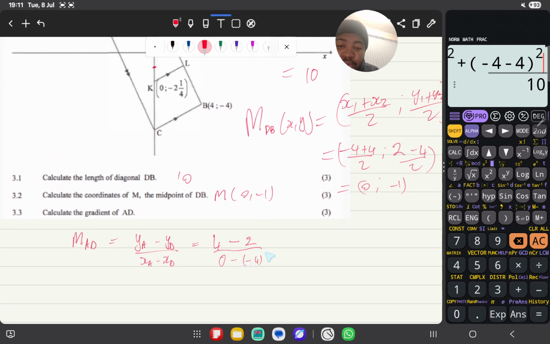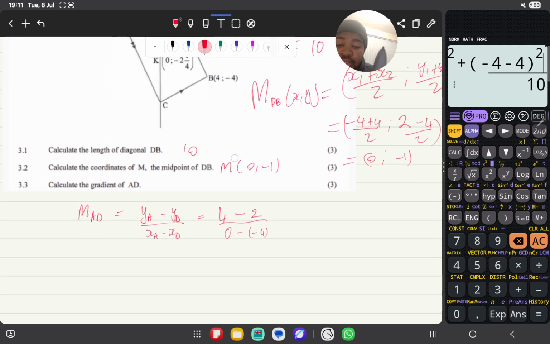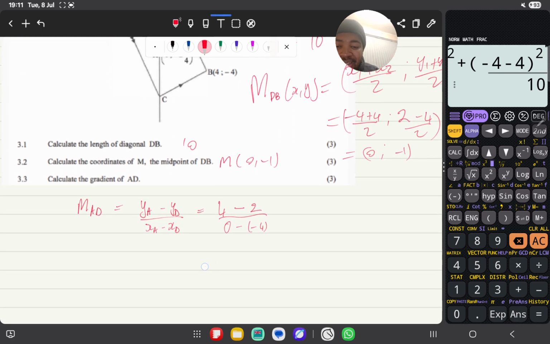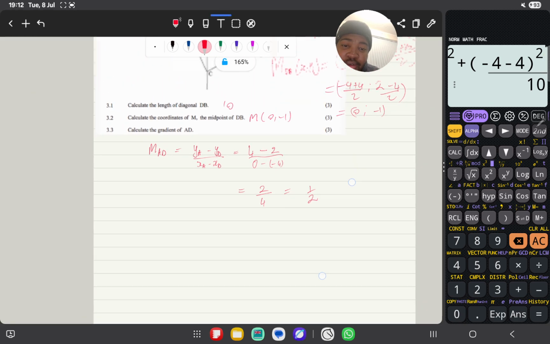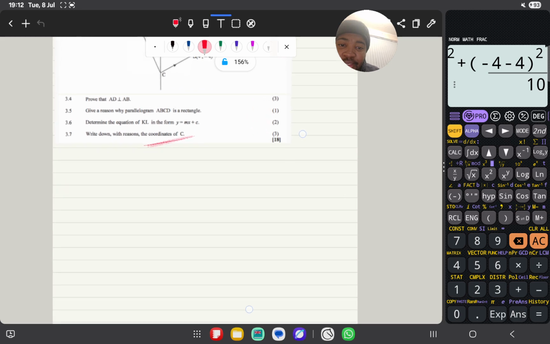Yeah, you see this is an increasing function. The straight line itself is increasing, so you already have an idea that we must get a positive gradient. So you have 4 minus 2, which is 2, divided by 4, which is 1 over 2. That is the gradient. Let's see what we have next.